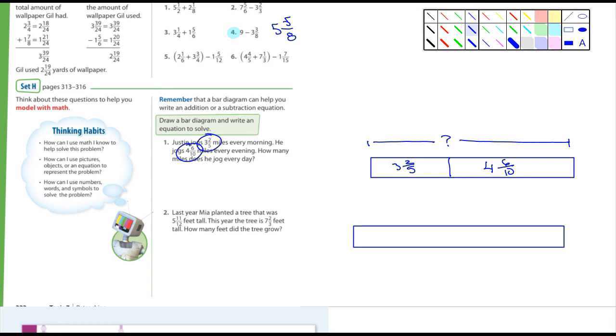So the whole tree is 7 2/3 feet tall. That's from here to here, okay? When she planted it, it was 5 11/12 feet tall. So that's most of this. And I'm going to just put 5 11/12. This is what we don't know. All right? So how would you solve that? You would solve it by subtracting.